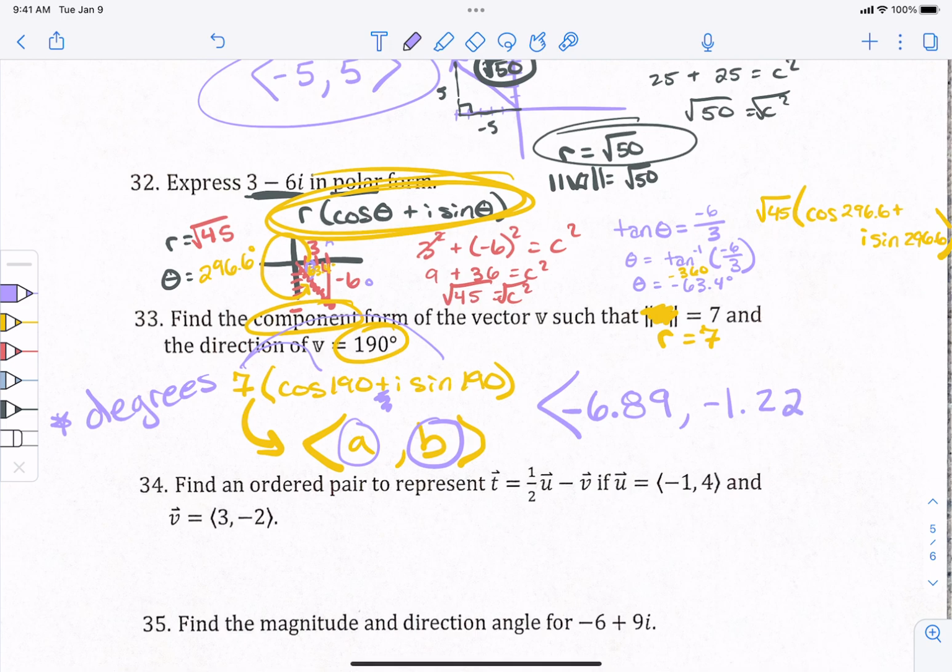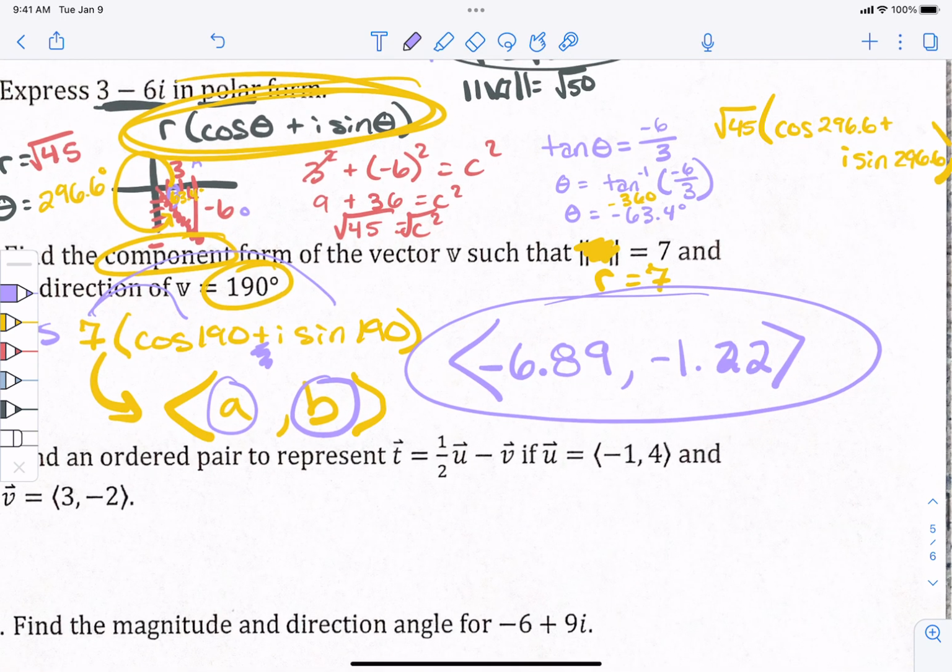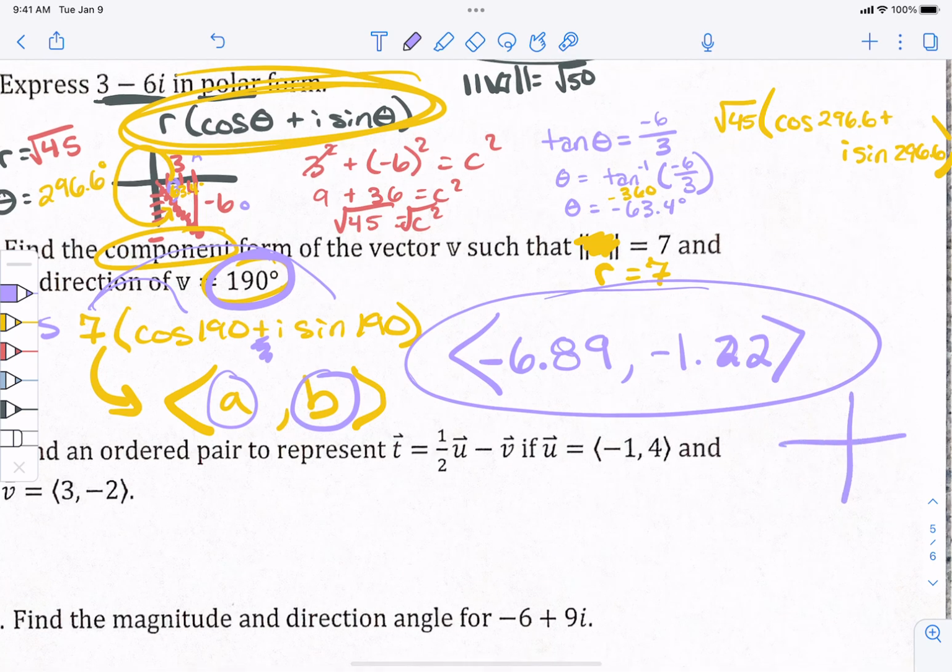Okay, make sure you're typing this into your calculator so that you can check this, all right? Now, before I move on, 190 degrees I said was in the third quadrant, right? It's down over here somewhere. 190 goes all the way around to there. If I have negative 6.89 and negative 1.22, is that an angle in the third quadrant? Yeah, they're both negative, so it's in the third quadrant. So that should be consistent. Make sure your answer is making sense with that, right?